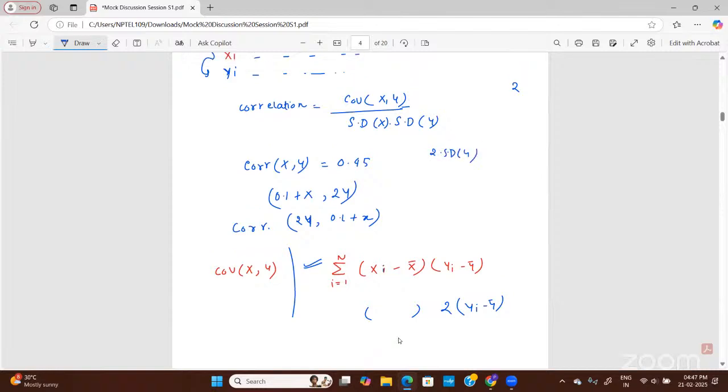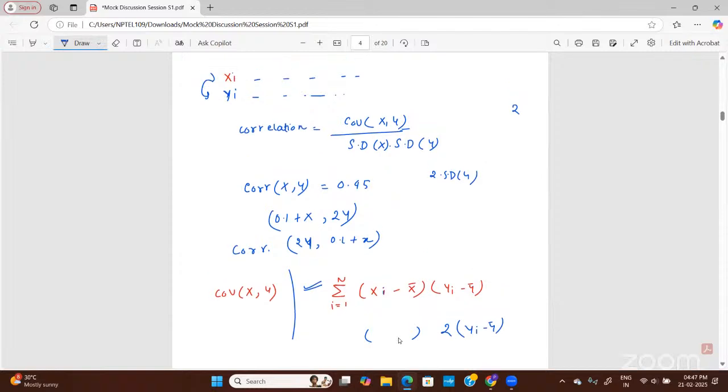Which means indirectly that you will have the same constant in numerator and denominator, so it will be cancelled out. So you can do all the calculation, and you will see that ultimately the correlation value will be the same. It will not be affected.